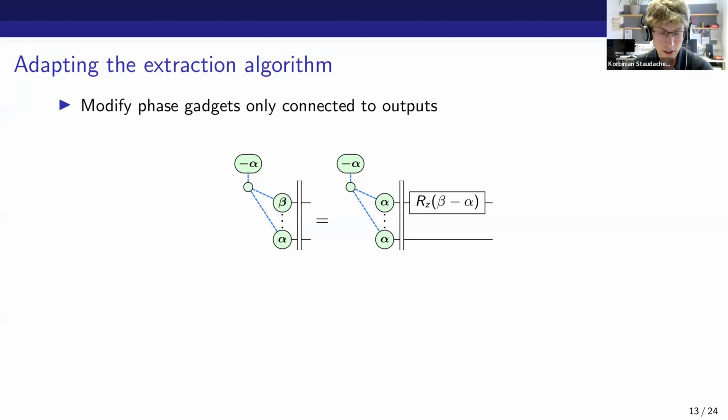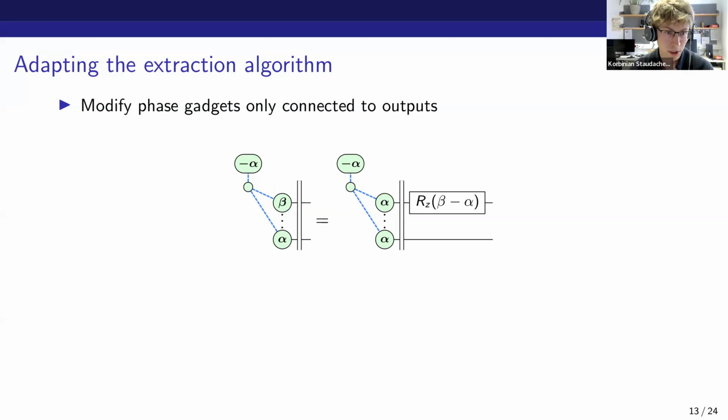For instance, this is simply possible if we have a phase gadget where the actual value of the phase gadget matches and the value of the output here matches, and this one not. We can simply unfuse the unwanted part of the phase towards a gate on the output, and we end up having everything we want for the multi-controlled phase gate here in the diagram.